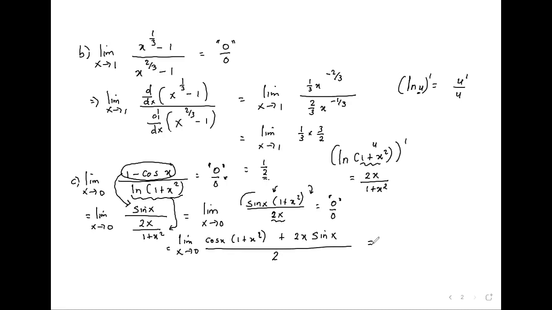So when you put 0 here, this whole thing becomes 1, and cos 0 is 1, so we have 1 here. You put 0 here, you put 0 here, we get 0 over 2. So this becomes our solution. So we have applied the rule twice.